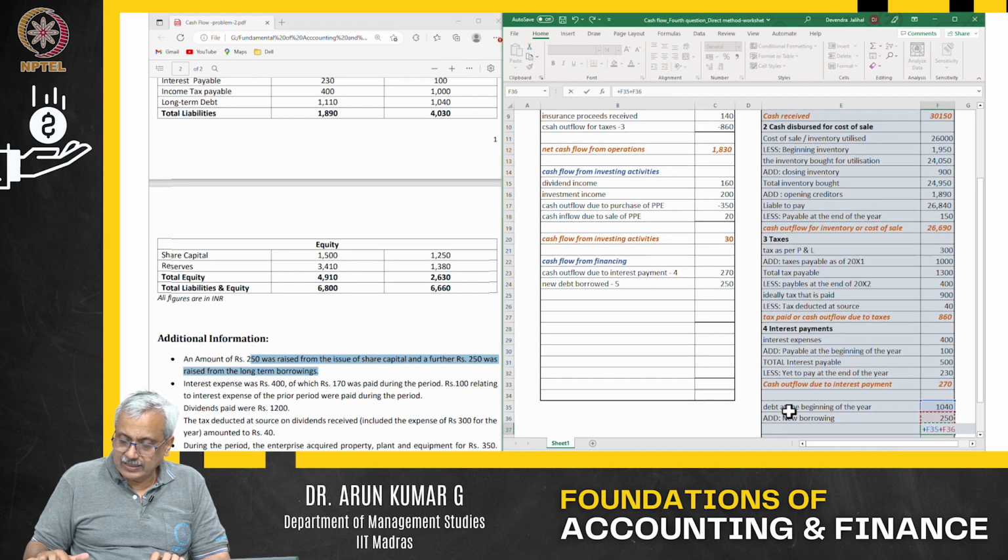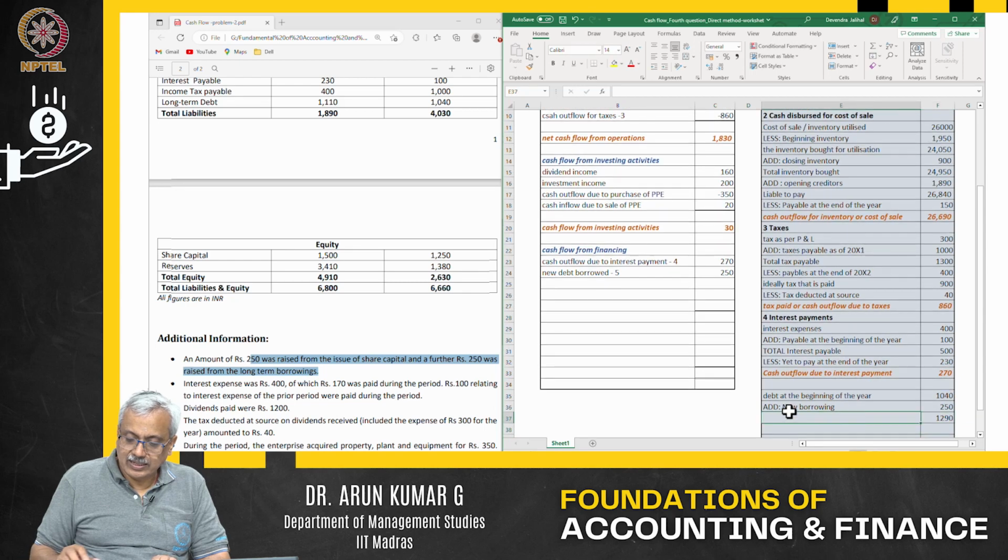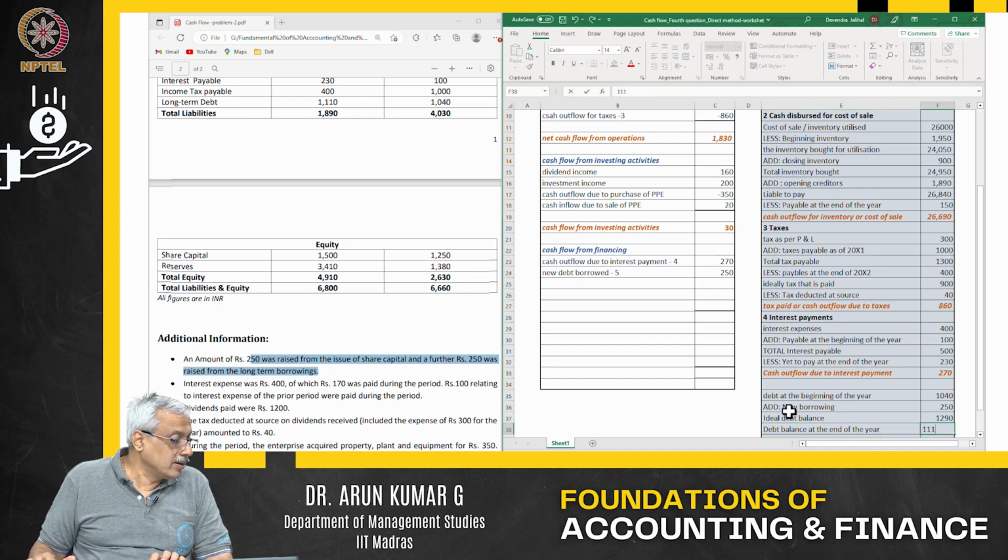So the ideal debt balance should be 1290. But the debt balance at the end of the year is 1110.